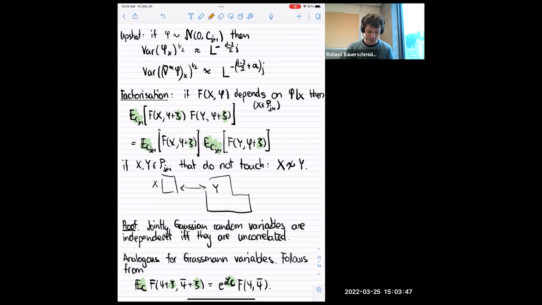And that's a very convenient property, which this approach to the renormalization group is based on exploiting.